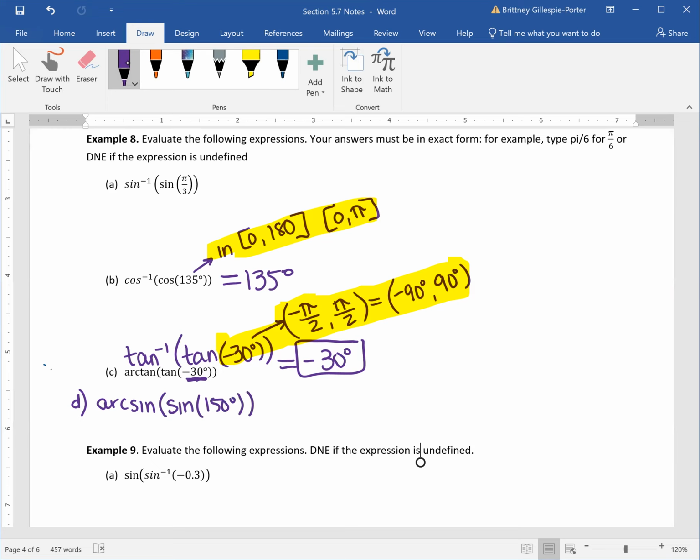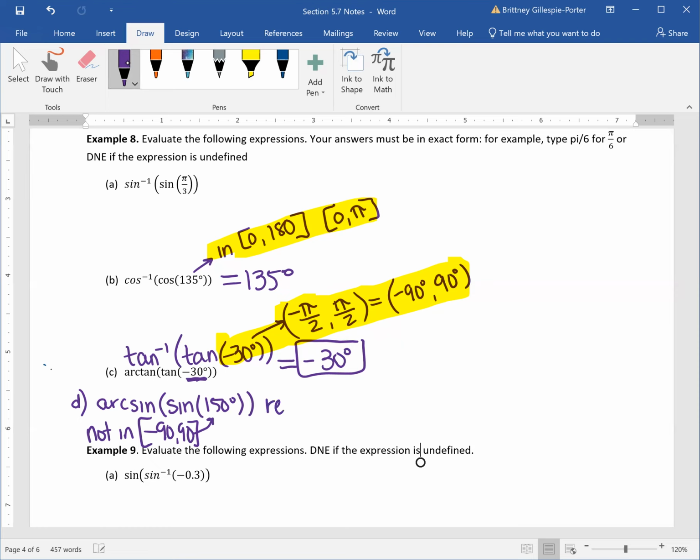By that little blue table, if we're taking the arc sine or inverse sine of sine, it needed to be in negative 90 to 90. And that was with our degrees. So when this happens, this means it's not going to be in the domain of the arc sine.